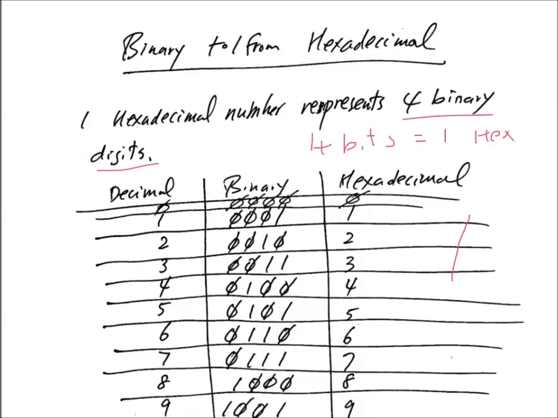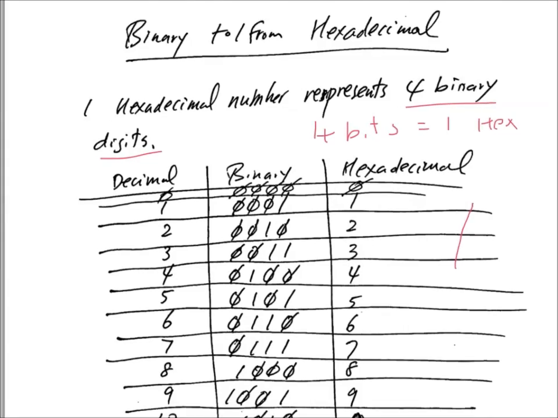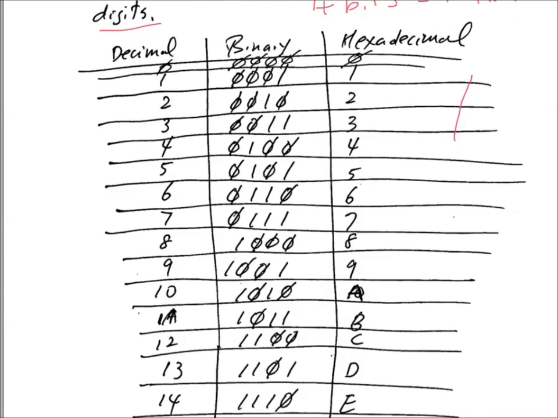Alright, so let's take a look. 0 is binary 0000. Hexadecimal will be 0, obviously. And 0001 in binary will be 1, and 0010 will be 2, and so on.